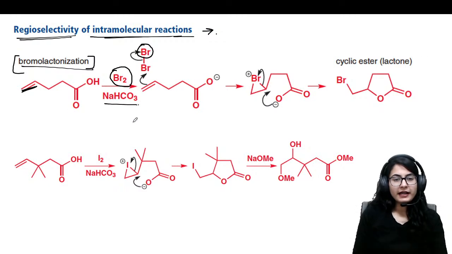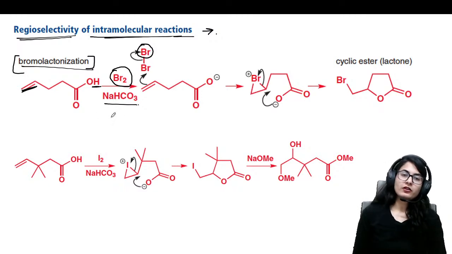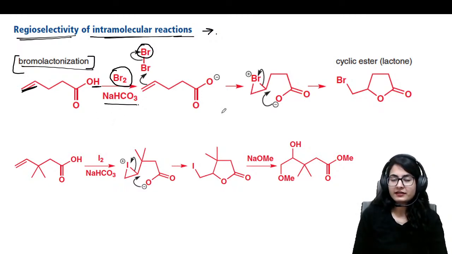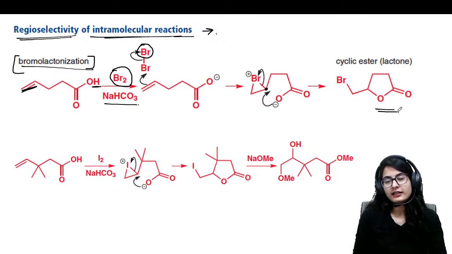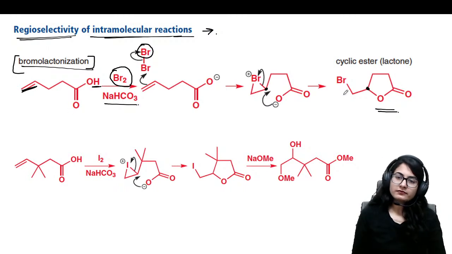in the presence of a mild base, mild enough to remove the acidic proton. Yes, absolutely it can remove the acidic proton, right? This much basicity is enough to remove it. So O minus will attack onto this carbon to give you a 5-membered lactone ring, and bromine comes on this carbon.